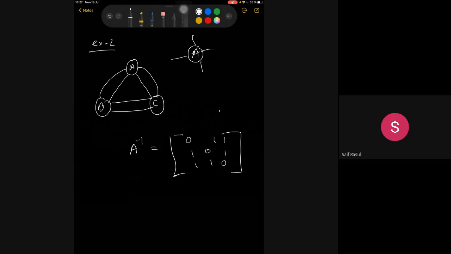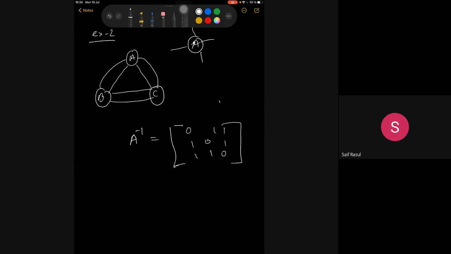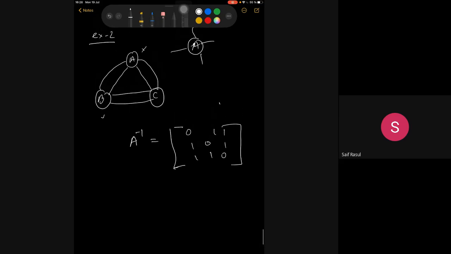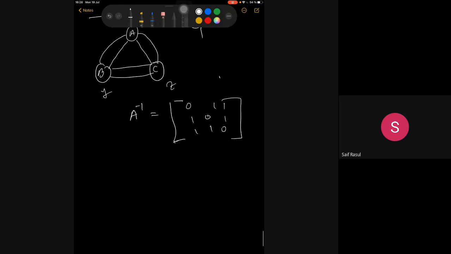So if you know how these things connect, that's it. A connects to B and C. You can assign them different variables, let's say X, Y, and Z, and you can construct your Gaussian integral like this. If you want me to write it down, this will have minus half XYZ plus A X^4 over 4 factorial.